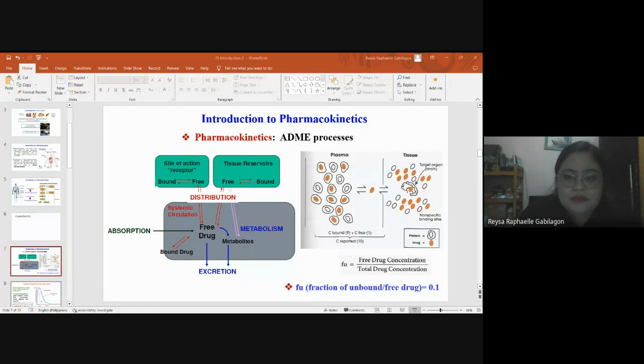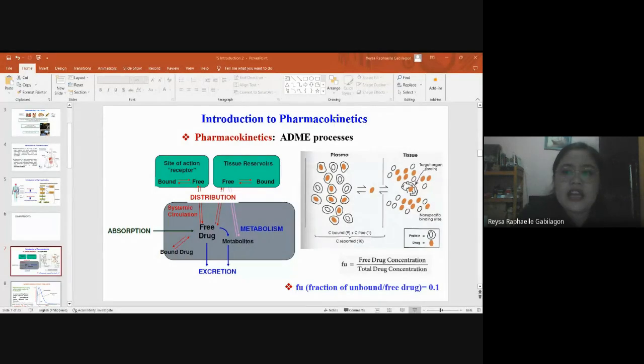Okay? So, diretso lang ako ha, since this has been defined by the reporters a while ago. So, yung elimination half-life or the half-life, it's the time wherein half of the drug is eliminated and the other half stays inside the body.